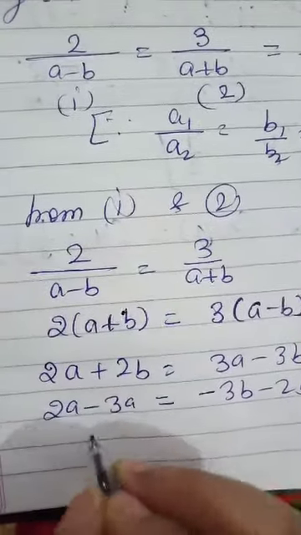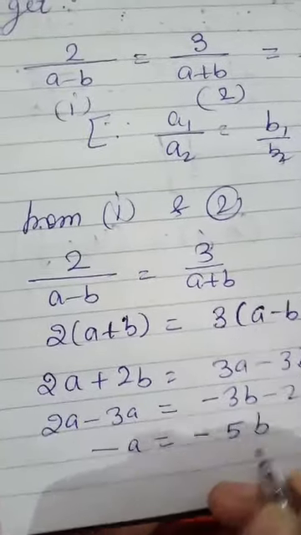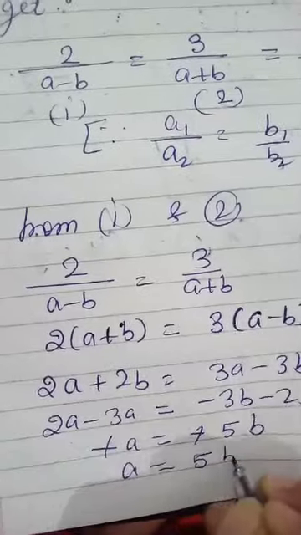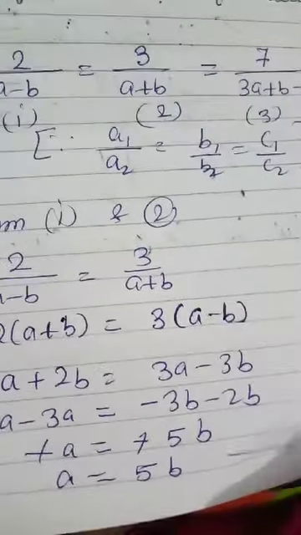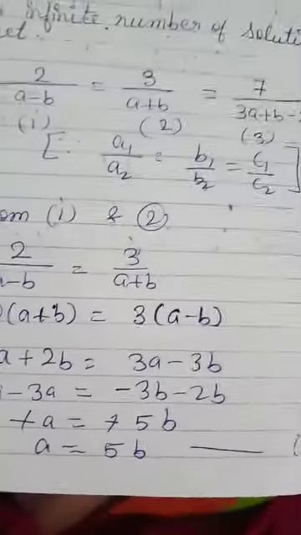So it will be minus a is equal to minus 5b. Cancel. So a is equal to 5b. Take it as third equation. Okay, now from second and third.